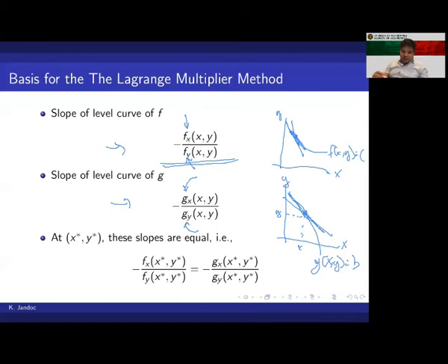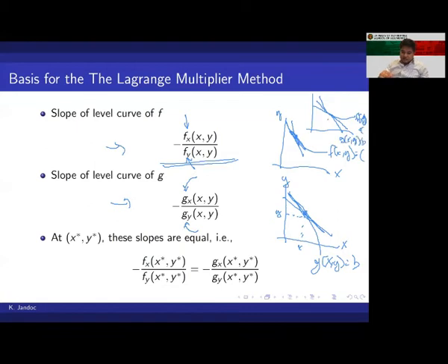Now notice, as we said a while ago with that figure, at the optimal point x star, y star, the slopes of the level curve f of x y equals c and the level curve g of x y equals b are equal.